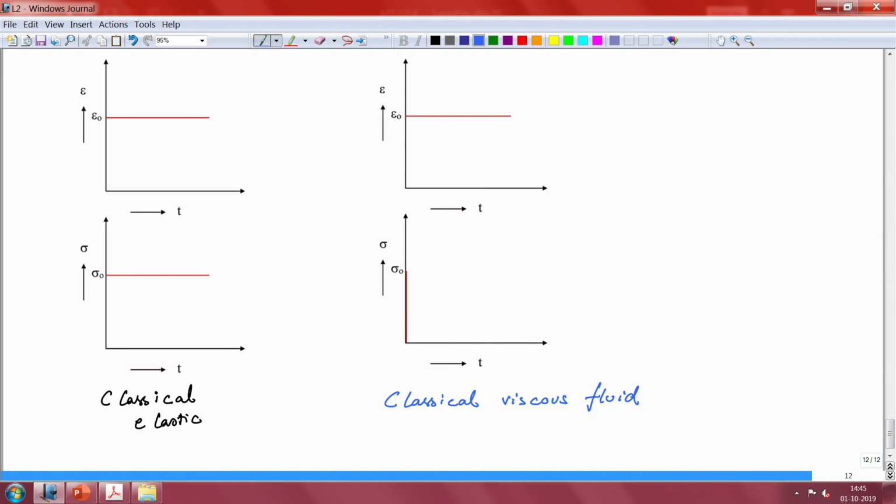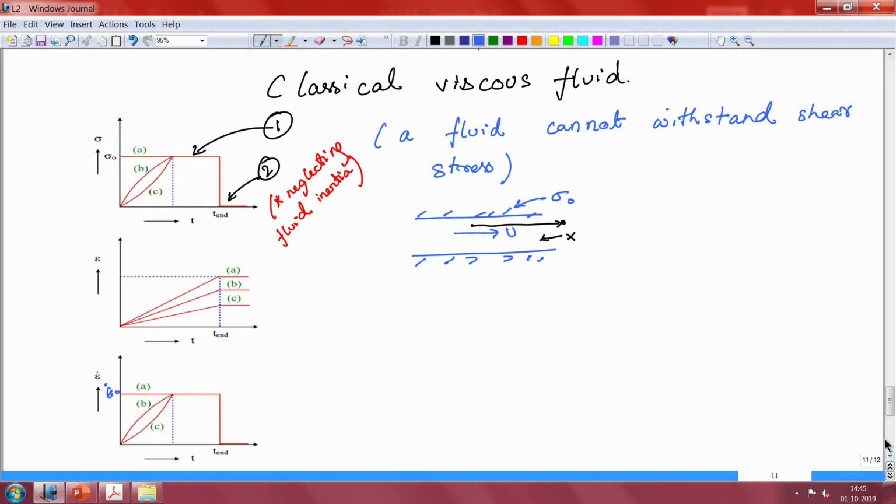Now, what is the effect of different strain histories? To go back to the strain histories, we have to go back to the previous diagram. This is your fourth test, where you have applied the stress through different histories.